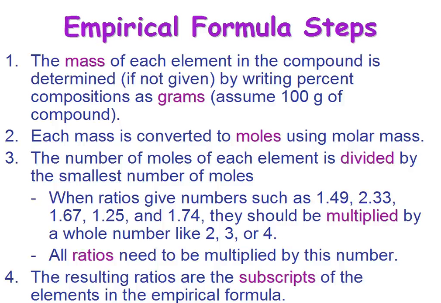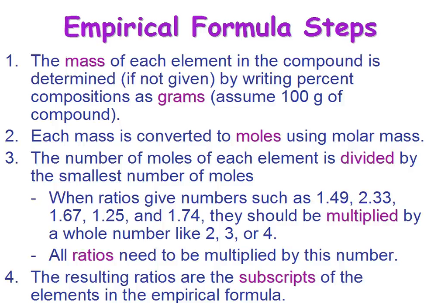As in math class, what you do to one you have to do to all, so even if one of your ratios does not have a fraction, if any of them do, then all of your ratios have to be multiplied by that constant. And then finally, when you get whole number ratios for all of the elements making up your compound, those represent your subscripts, and that would be your empirical formula.